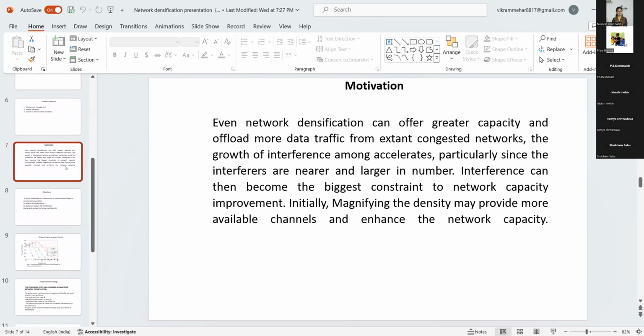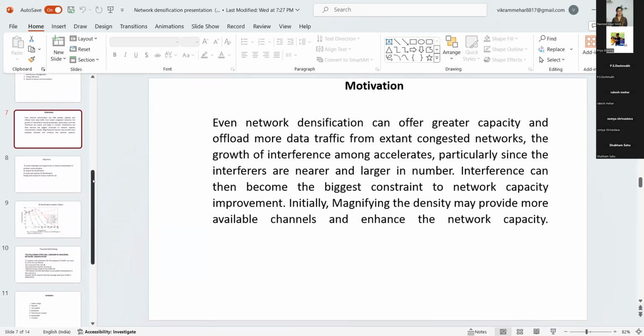It is also the motivation for wireless network densification, which can offer greater capacity and offload more data traffic from congested networks. The interference accelerates, particularly since the interferers are larger in number.